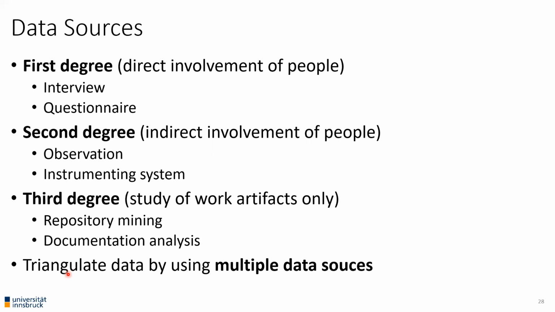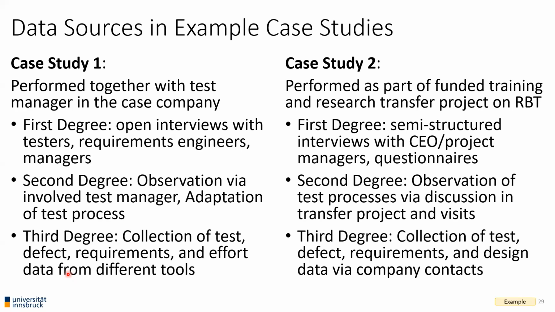Multiple data sources are not something that harms you because you get a different angle, but this is something that you should value and that brings you additional insights. So here you see this qualitative analysis nature of case studies, that you really integrate data from different data sources. Also in our two examples, we did that.